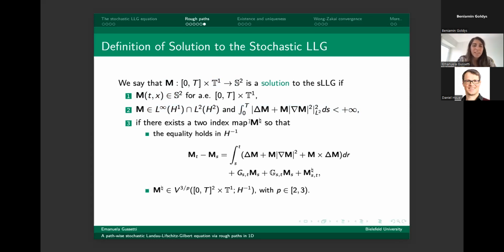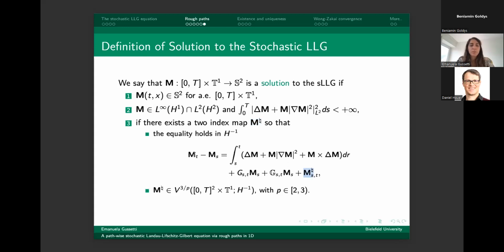And okay, now it's a little bit strange maybe for who has never seen rough paths, but let's look at this equality. This is the first iterated integral that we defined before. This is the second iterated integral generated by Brownian motion. This is the stochastic lift again. And this is the so-called remainder. We say that M is a solution to the Landau-Lifschitz-Gilbert equation if there exists a map, M natural, that is defined implicitly by this equality.